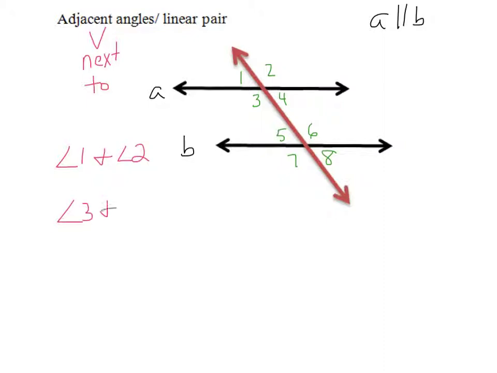Angle 3 and angle 4 are next to each other. I can even say angle 1 and 3 are next to each other. Could be 5 and 6, or 5 and 7, 6 and 8, or 7 and 8. Hopefully you get the idea. Adjacent angles are next to each other.